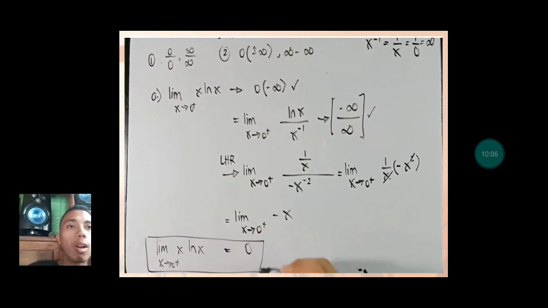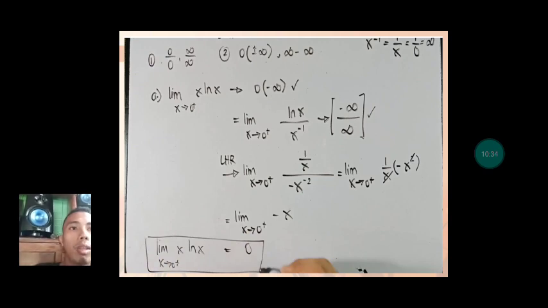The limit of x approaching 0 from the right of ln x over x to the negative 1 is the same as negative infinity over infinity. As you can see here, it appears to be exactly category number 1. So after category number 2, it must proceed to category number 1. Since we arrive at category number 1, we can then apply L'Hopital's rule.